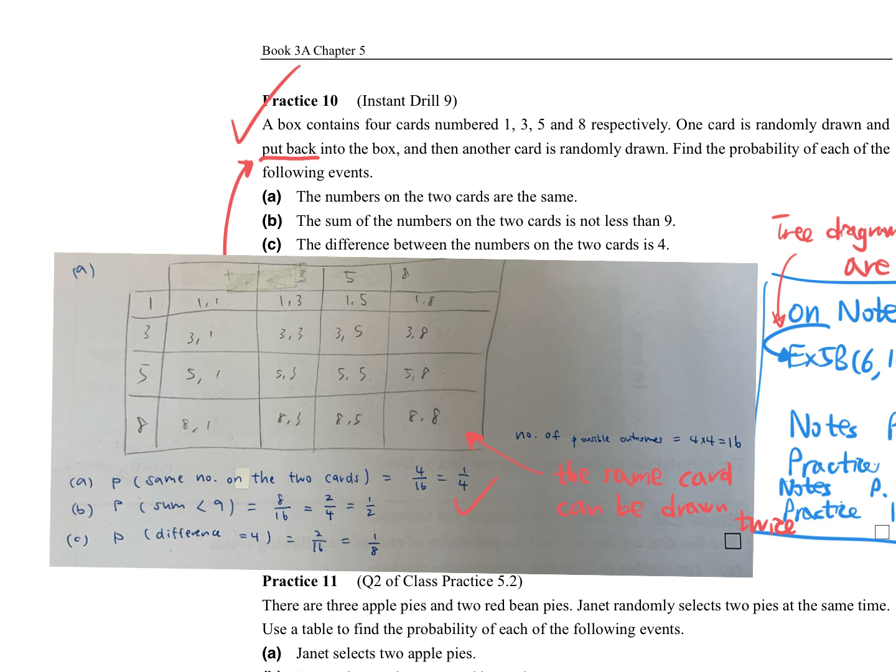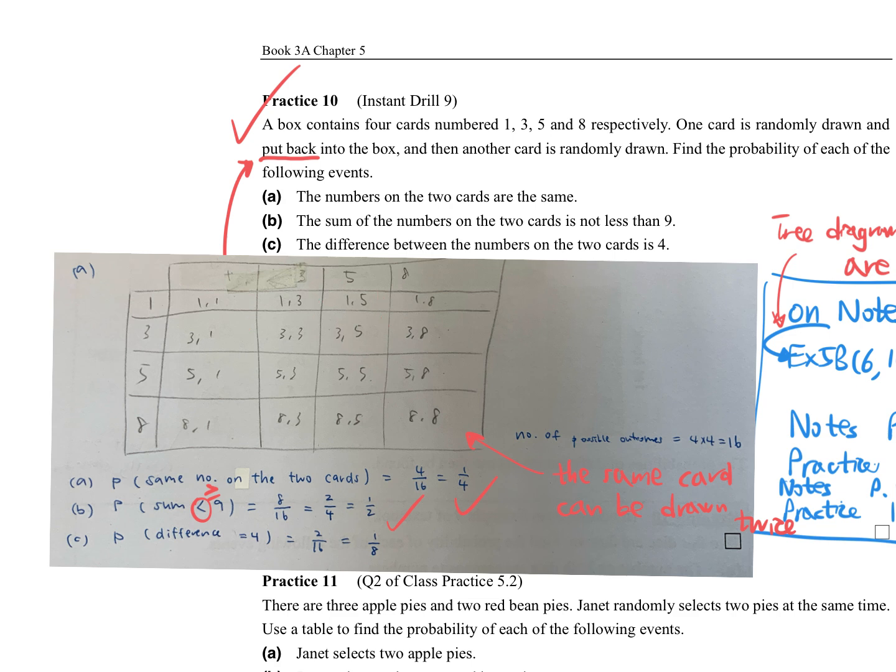Sum is more than or smaller than 8. So for part B, if you didn't count same as your classmates, I think these are the cases where the sums are not less than 9. So not less than means greater than or equal to. So instead, actually the other way around.